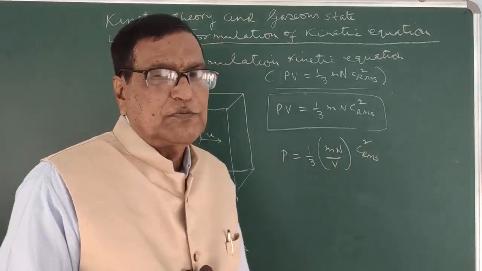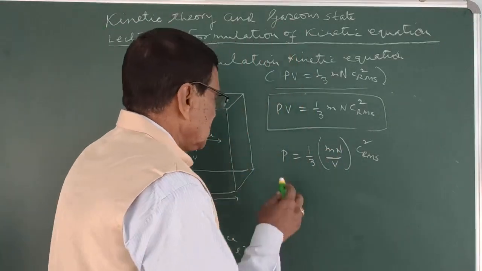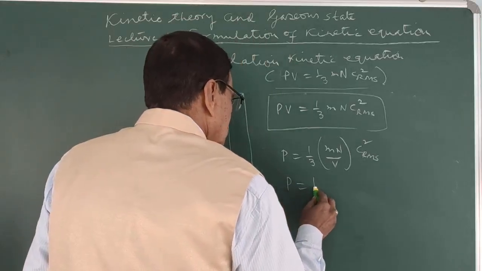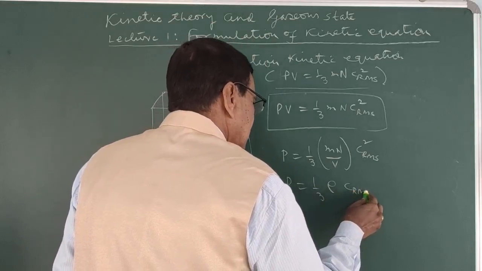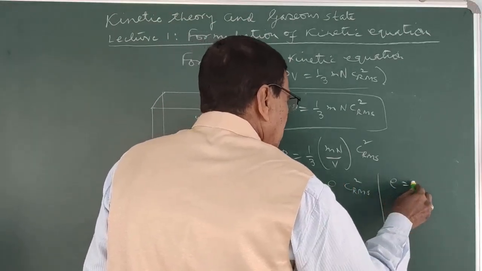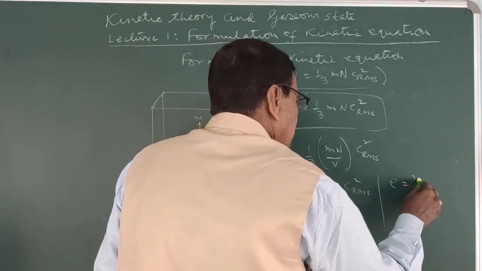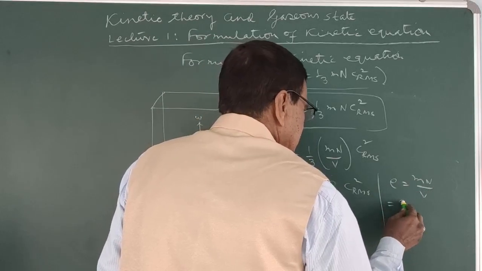Mass by volume gives the density of the gas. So we can also write P equal to one third rho c RMS square, where rho equals mass divided by V, the gas density.